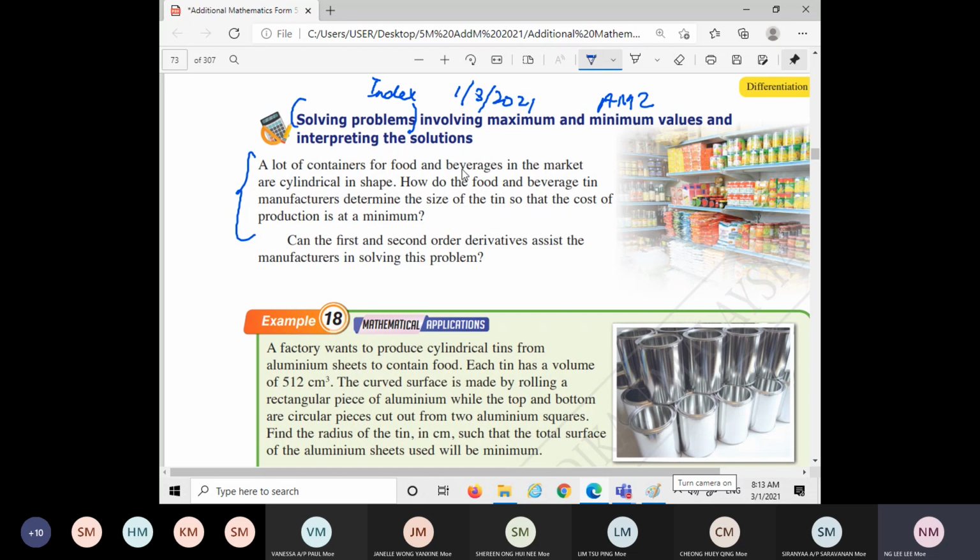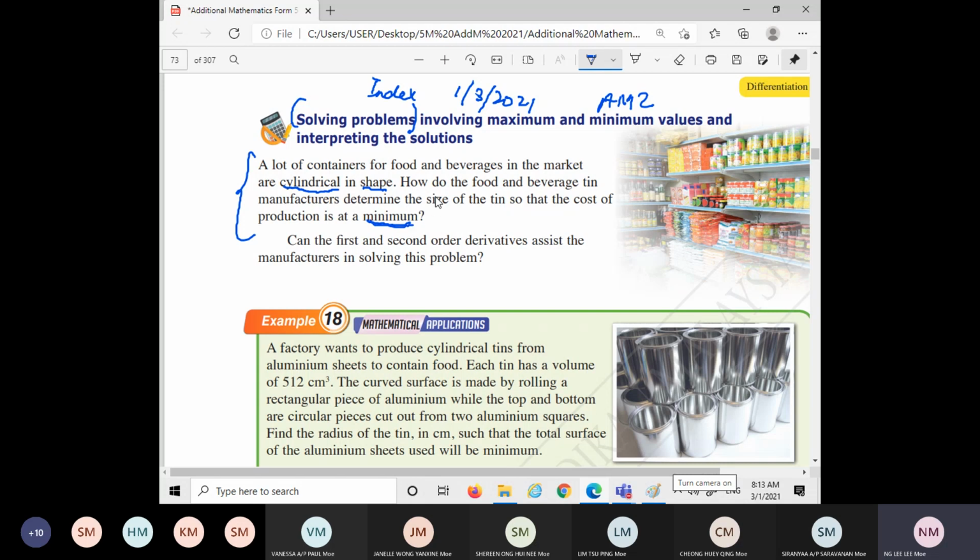A lot of containers for food and beverage in the markets are cylindrical, meaning the shape is a cylinder. Like this cylinder, the tin: how do the food and beverage tin manufacturers determine the size of the tin so that the cost of production is a minimum? Can you see the words or not?